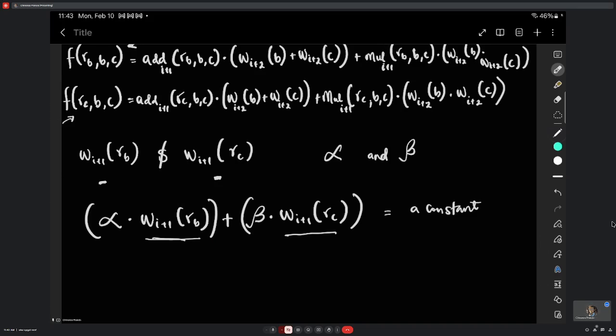And when we multiply beta times this other value, we get a value. When we add those two values, we get a value. That value can be any value. I just called it a constant, or let me call it a value, or a result, anything you want to call it.